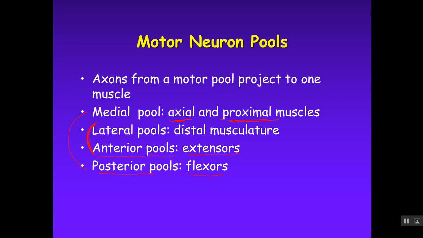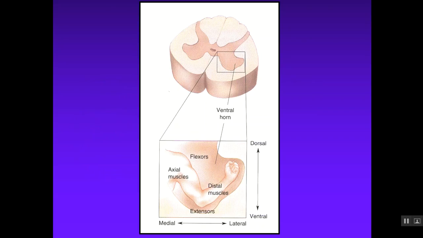So let me just show you a picture that helps make sense of this. So here's an anterior horn area. This works for both upper and lower extremity, okay? It's just easy to remember it by using the upper extremity as an example, because the way the arm fits in there is a nice way to remember it, but it works for both.